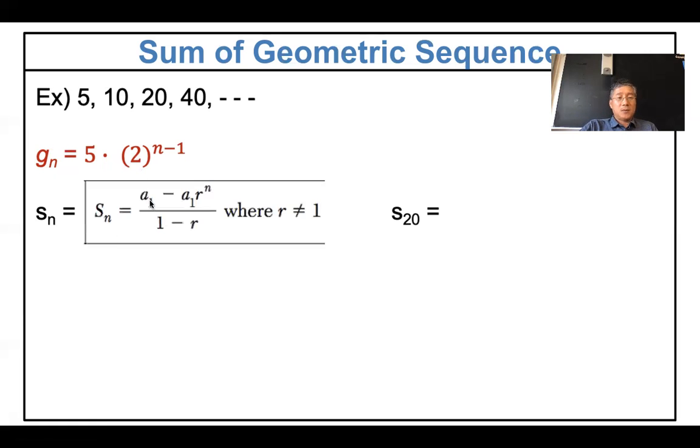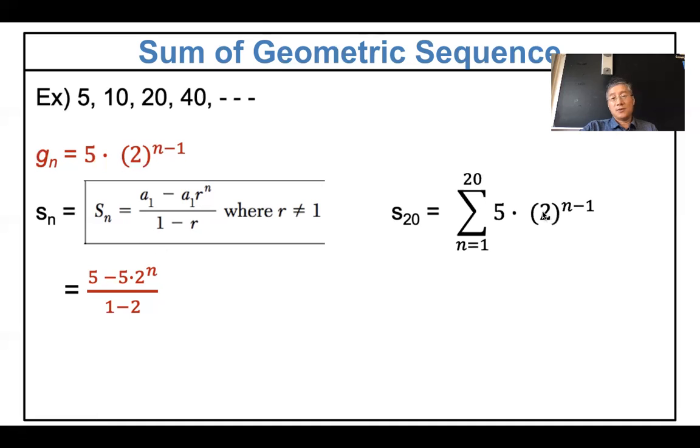Plug in here: A1 minus A1 times R to the n power, not the n minus 1. Be careful. And then 1 minus R. And then you plug in A1, the first term, 5. And R is 2, to the n power, over 1 minus 2. You put this exactly like this in the calculator, you will get the answer.